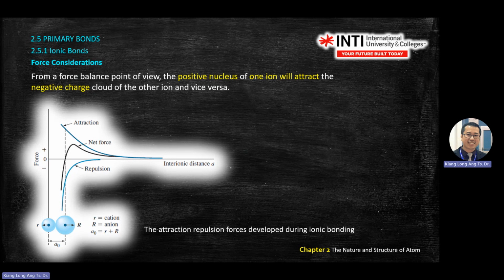The Y-axis is force and the X-axis is the radius. Inter-ionic distance A, there is an optimum distance. For example, this one and this one, there is an optimum distance A0. Okay, A0, there is the optimum.